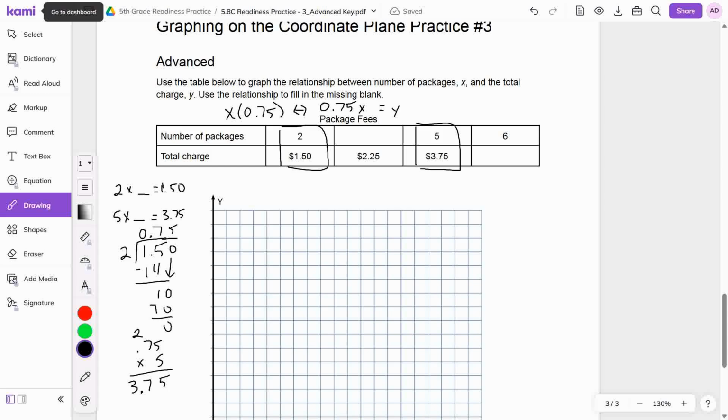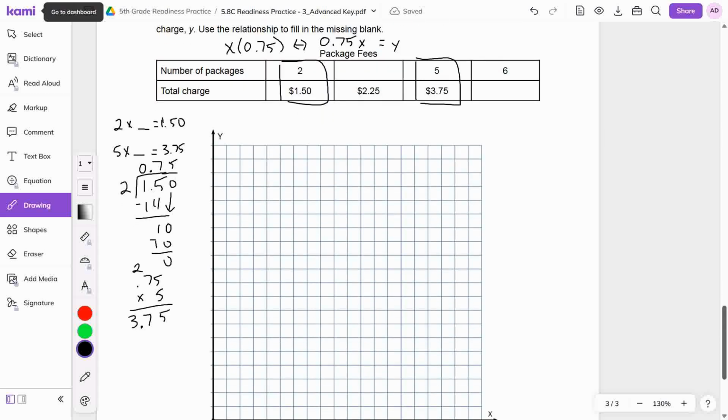So what I need to think is, what times 0.75 gets me 2.25? I don't really want to divide 2.25 by 0.75 if I have to, but let's just look. It's between 2 and 5. So since it looks like we're dealing with whole numbers, it's literally going to be 3 or 4. I'm going to take my 1.50 and I'm just going to add 0.75. If that doesn't work, I'll add another 0.75 and it's going to either be 3 or 4.